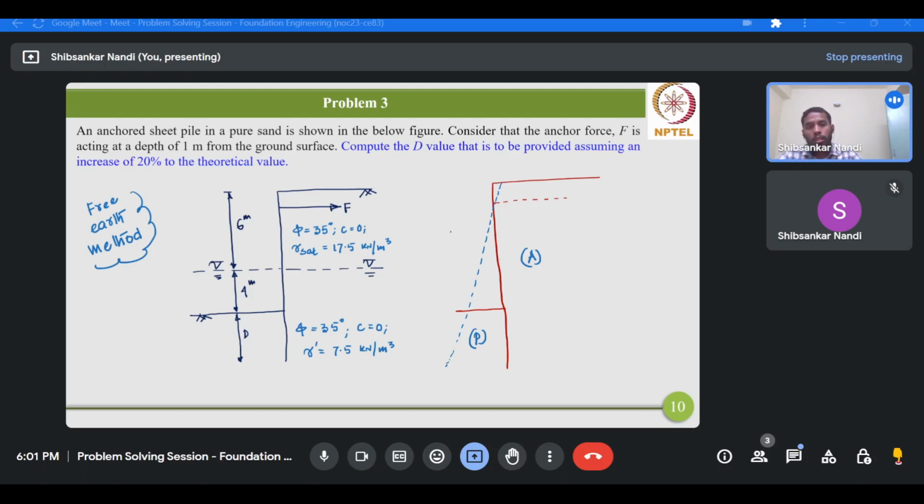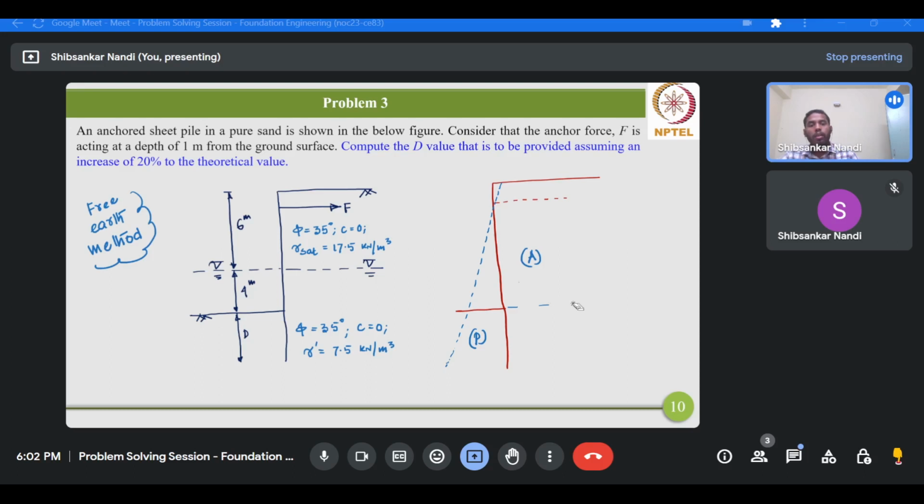This portion is basically void. So we'll only have the active earth pressure as the net earth pressure in this region 1, that is the right hand portion above the dredge level.